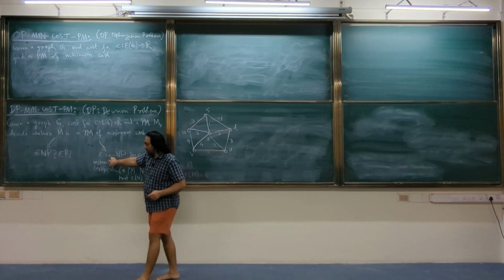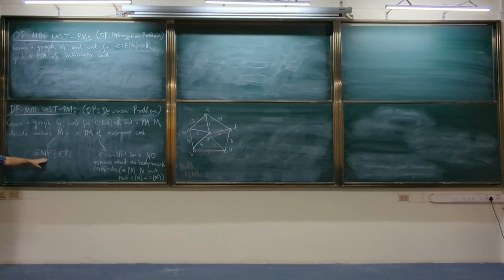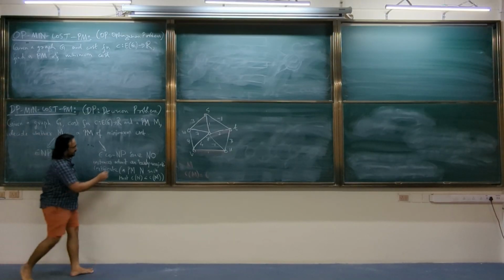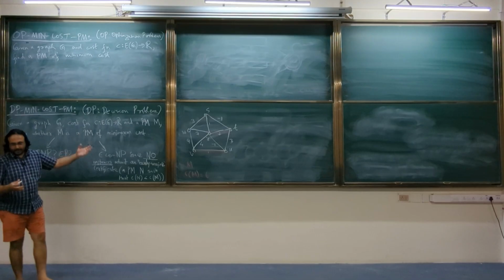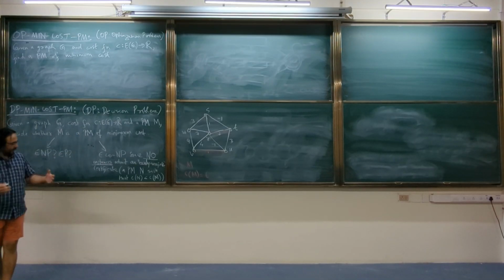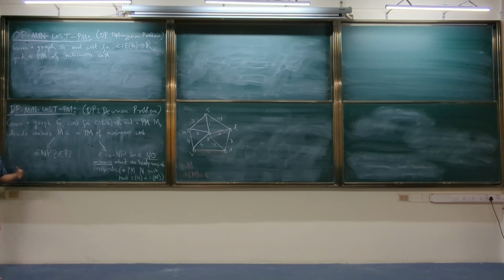That's a complexity class. And if a similar thing happens for yes instances, so these are no instances, when the given perfect matching is not of minimum cost, that is a no instance. So if the same kind of thing happens for yes instances, then you would say that the problem belongs to NP. Okay?